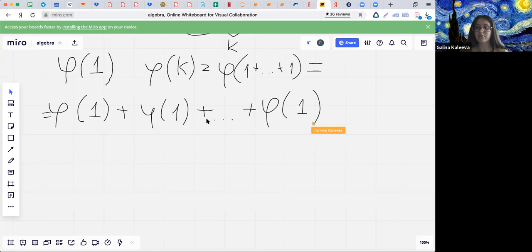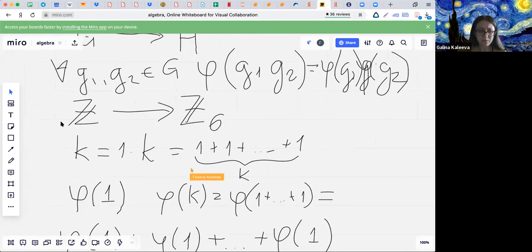Agree? So if you have questions, please ask them, okay? And in our case, what do we have to do? We need to find all the homomorphisms from our group of integer numbers to our group of remainders.